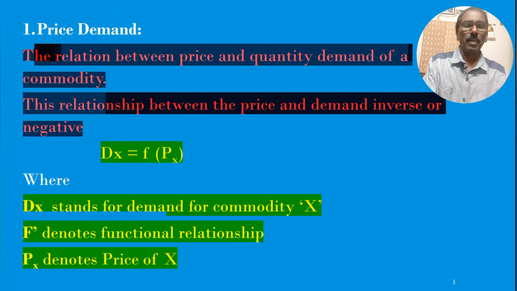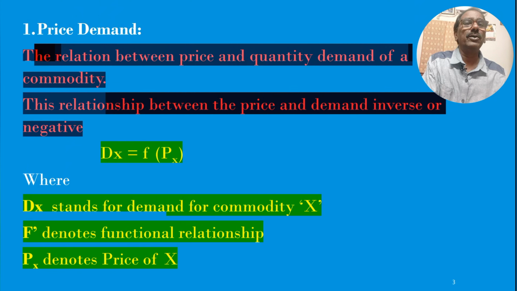Number 1, price demand. The relation between price and quantity demanded of a commodity. This relationship between the price and demand is inverse or negative.